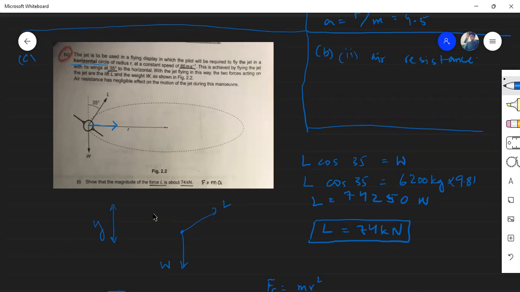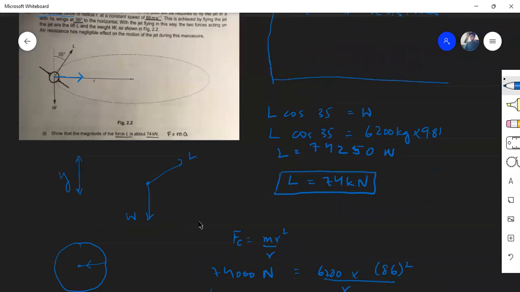What we're seeing here is that the circular motion is being caused by a component of L that only acts towards the center of the circle. We've discussed earlier that if an object moves in a circle, the centripetal force acts towards the center of the circle.